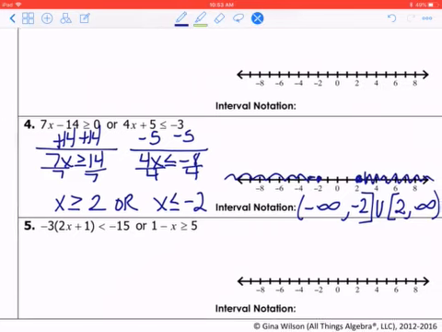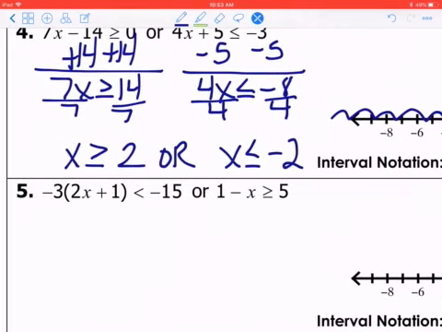All right, number 5. We have another two to solve. And the one on the left, you need to distribute the negative 3 first. So go ahead and do that, and get negative 6x, subtract 3 is less than negative 15. And we will add 3.